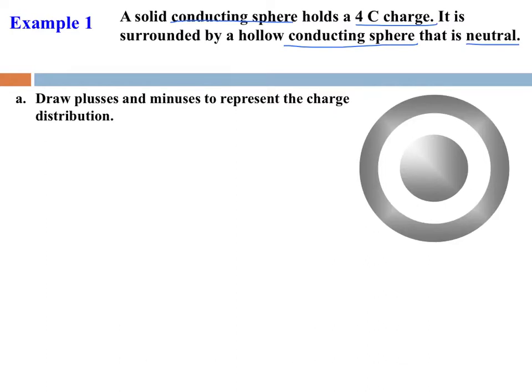So on our inner sphere, we have 4 coulombs of charge. Now, because it is a conducting sphere, that tells us that our charges are going to be on the outside surface of this sphere. So here we have my positive charges.